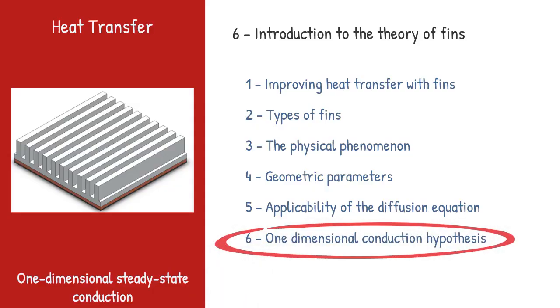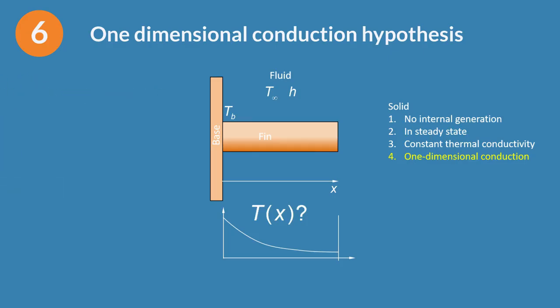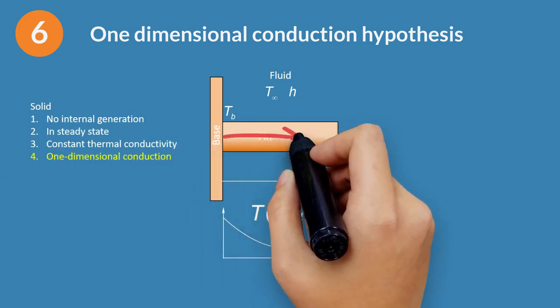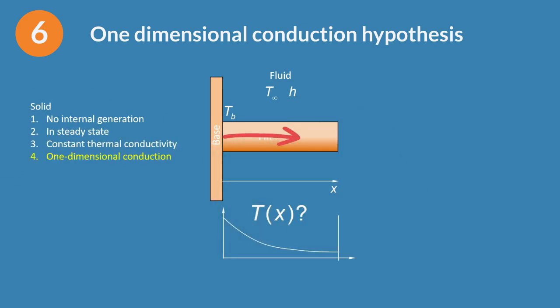The last question before developing the equations to obtain the temperature distribution is to check the one-dimensional conduction hypothesis. Is that right? Absolutely. Conduction allows heat to go from the base to the tip, and from the axis to the external surface. Therefore, a difference of temperature between the axis and the surface is needed.